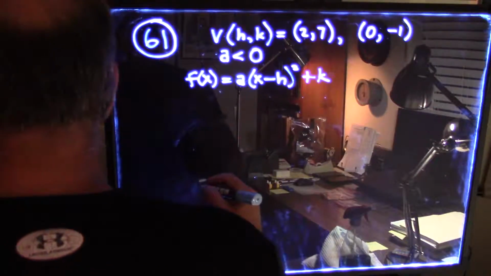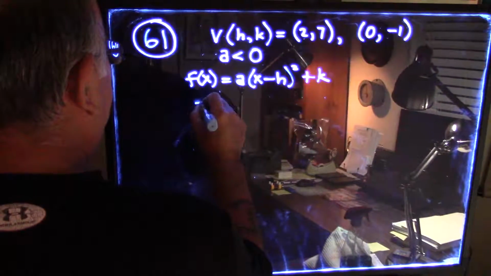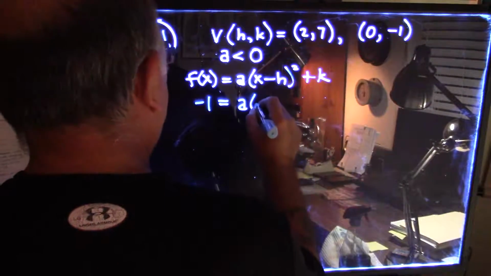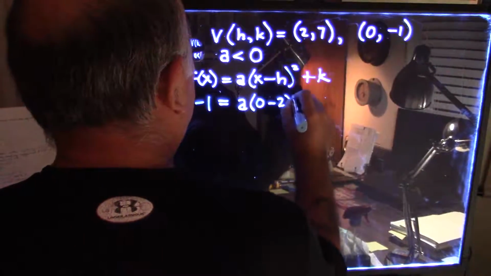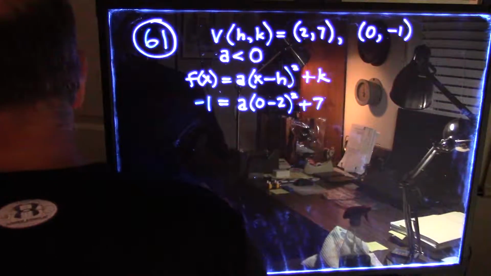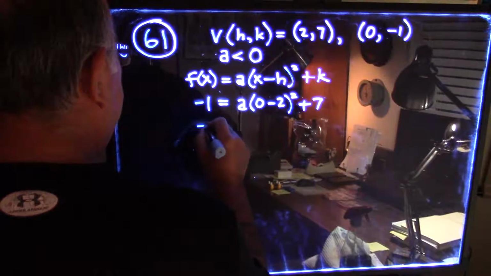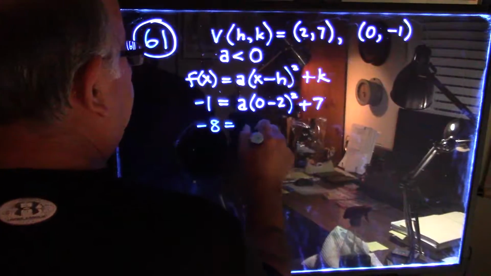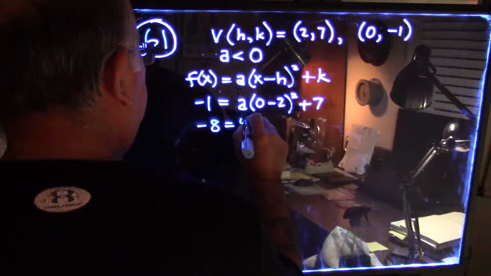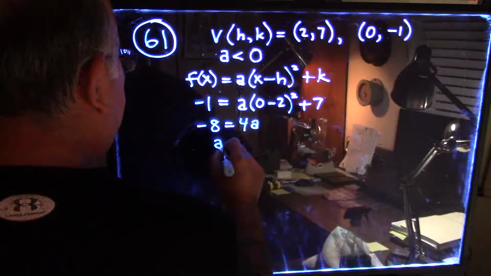So plugging the things in and letting y equal f of x, we've got negative 1 equals a times quantity 0 minus 2 squared plus 7. And so we subtract 7 from both sides, so you get negative 8 equals, and negative 2 squared is 4, so that's 4a. Divide both sides by 4, so you get a equals negative 2.